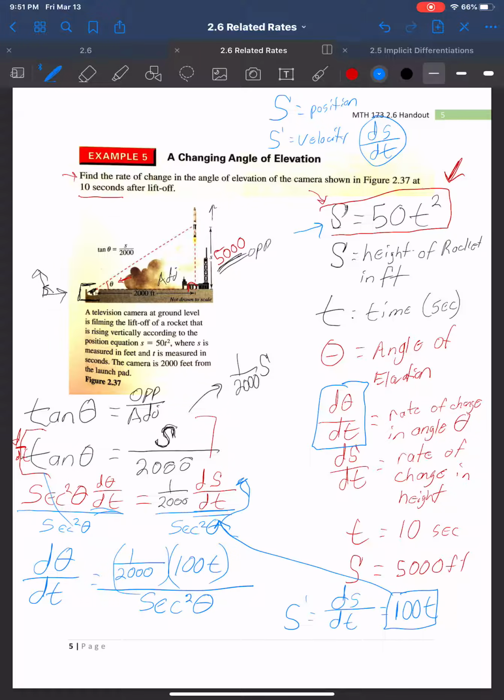Now I can go a little bit farther than this because I know that t is equal to 10. So that's not bad. We're getting somewhere. So d theta dt is going to be equal to 100 times 10 is 1,000. So that's 1,000 over 2,000, which is basically just a half.